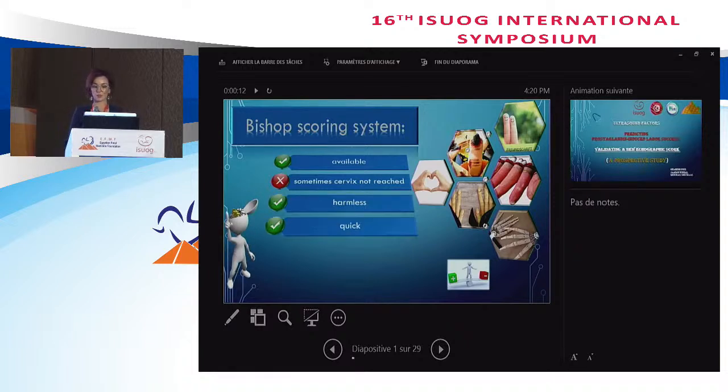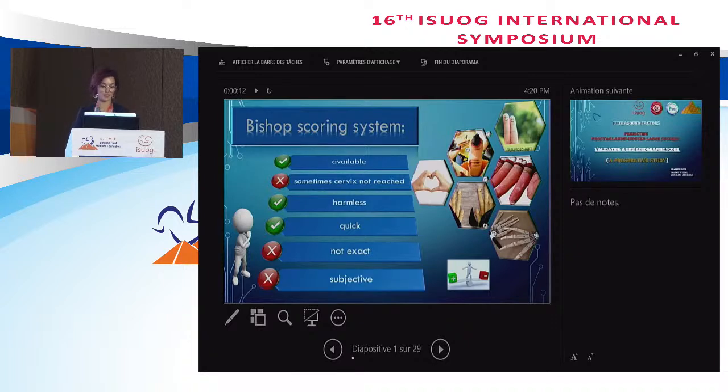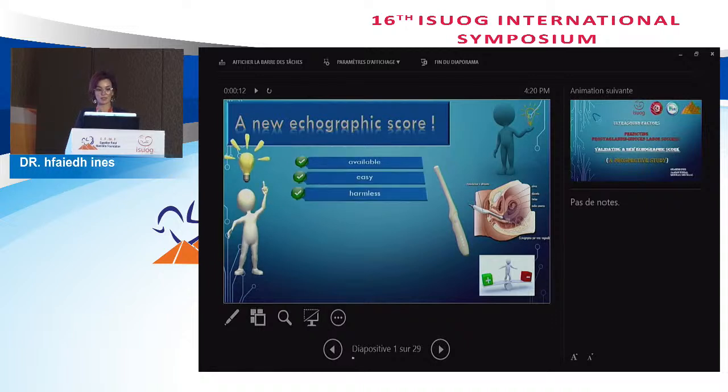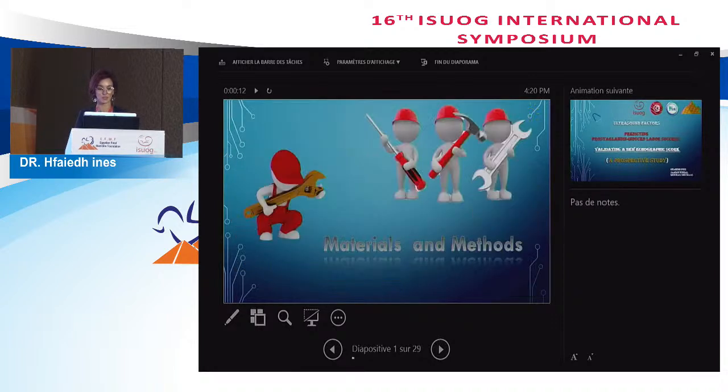It's weak, it's not exact, it's subjective. A new echographic score is a great idea because it's available, easy, harmless, quick, accurate, objective, and better tolerated by patients.